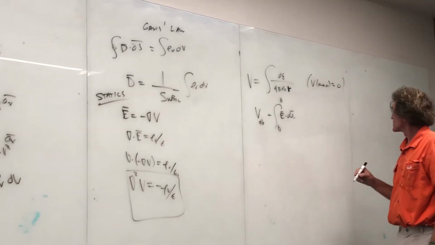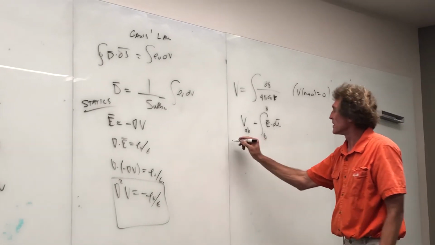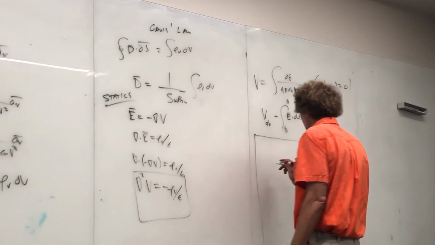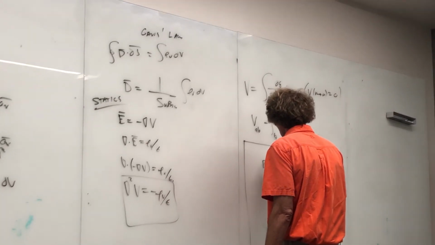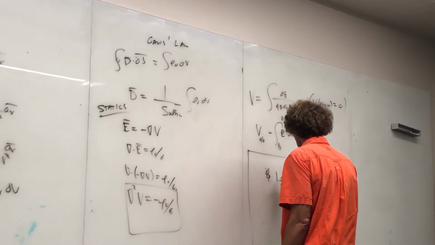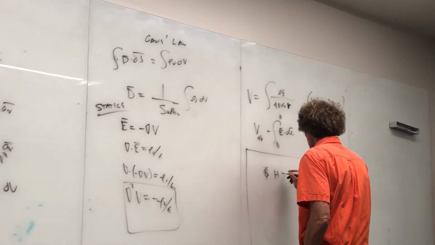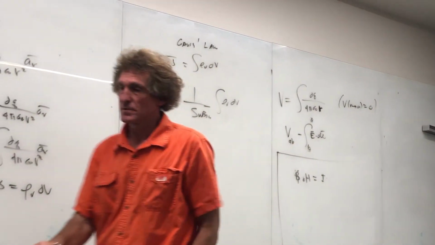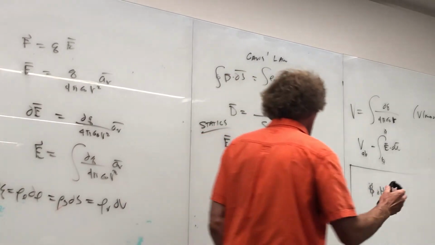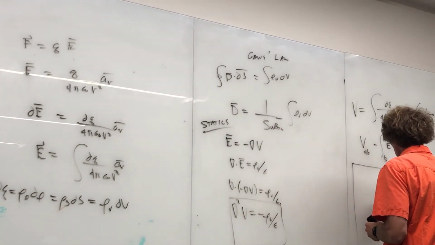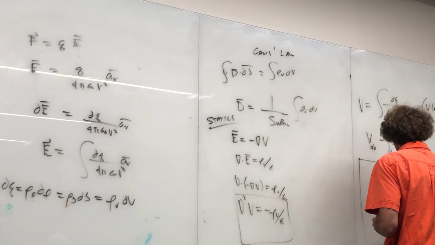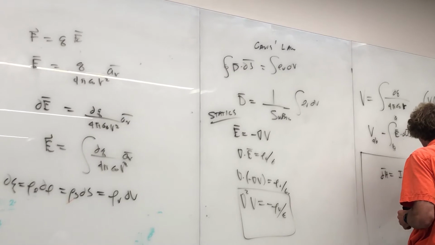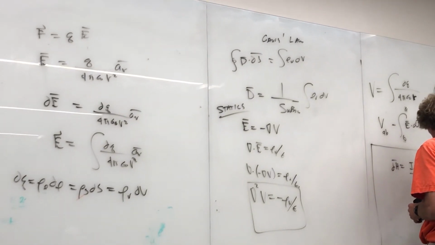Now the similarity with this, a lot of this in the B field, right here, you know that the value of B, or really H, let me do H, when we talk about the differential H field, we say that's equal to I dl crossed into AR over 4 pi r squared.